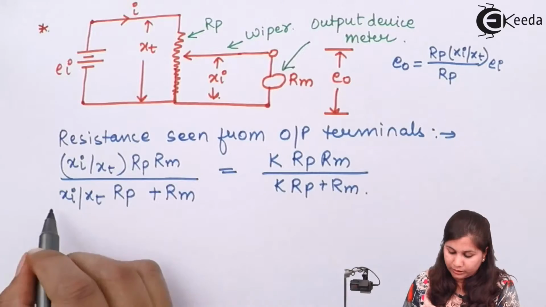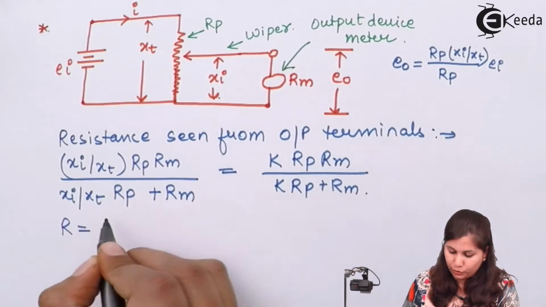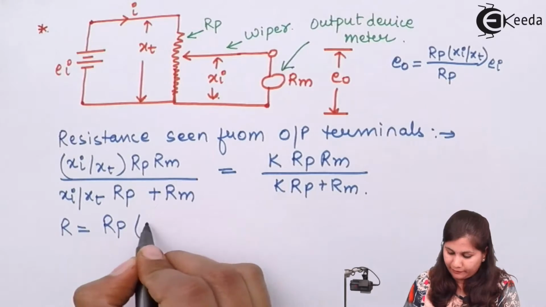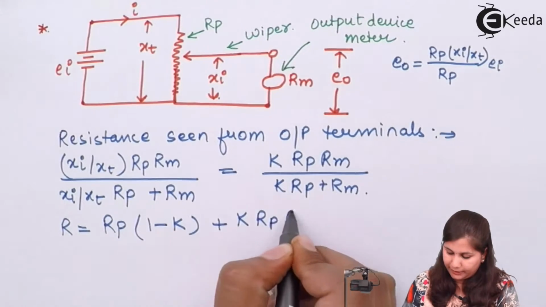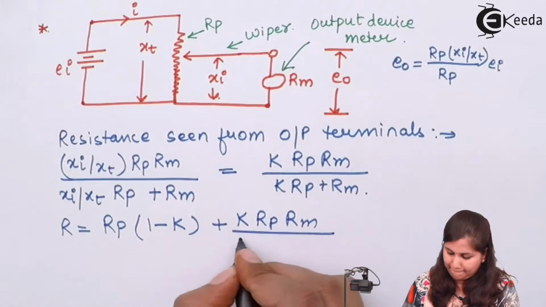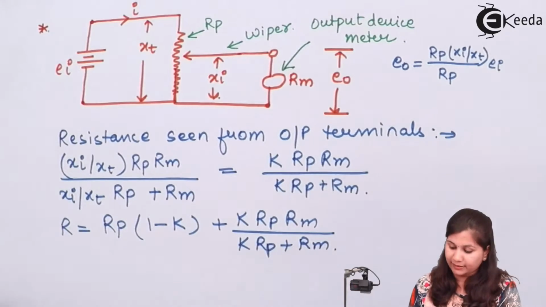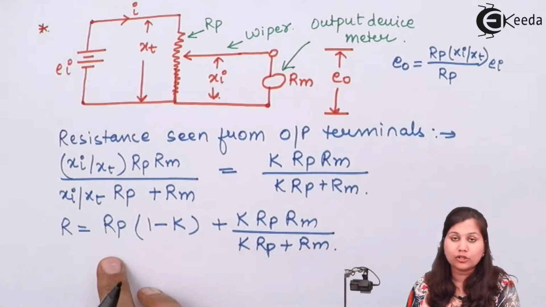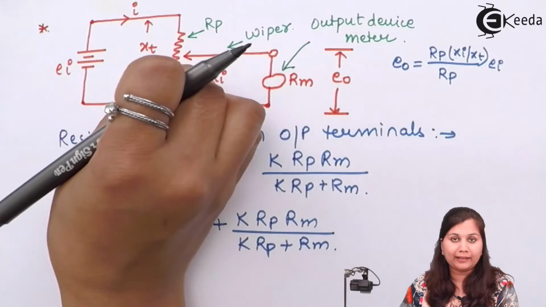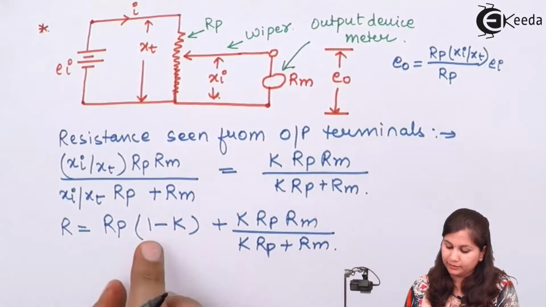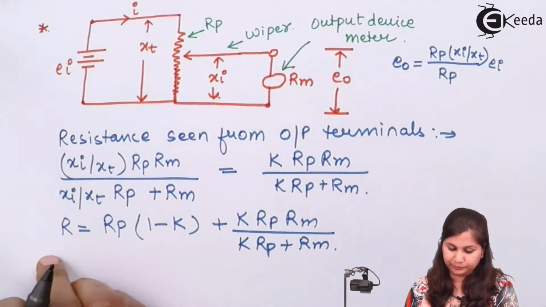Now the complete resistance seen from the terminals will be R equals Rp times (1 minus K) plus K Rp Rm upon (K Rp plus Rm). So this is the total resistance which is seen from the source, because the parallel combination is there plus the Rp (1 minus K) factor.